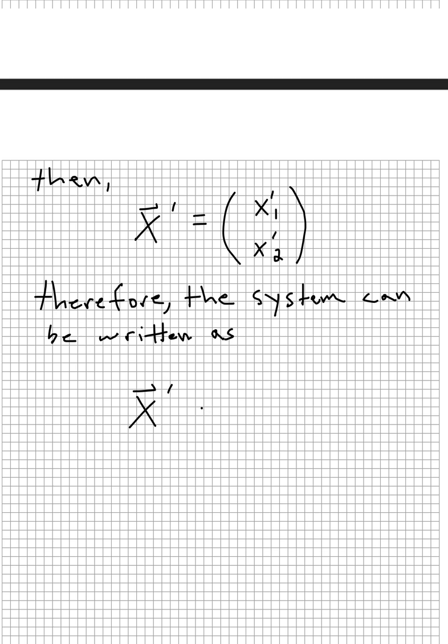Now we're just simplifying it, and that's going to equal our coefficients, which would be 4, 7, -2, -5, and the x vector we just defined. And this actually completes the problem.